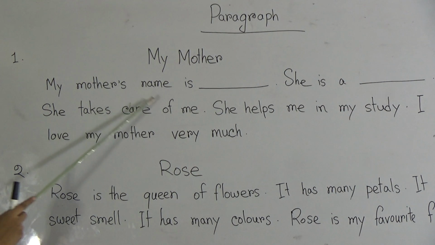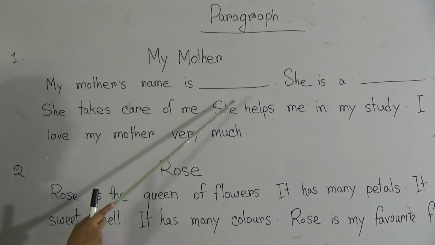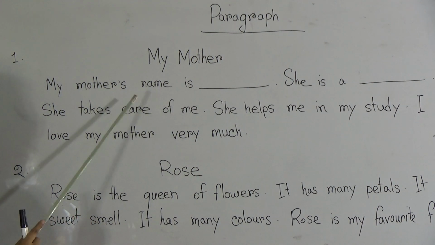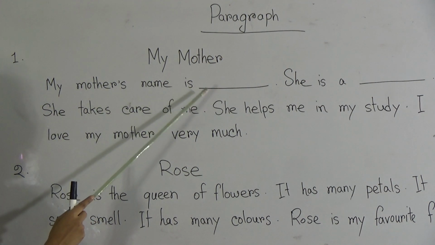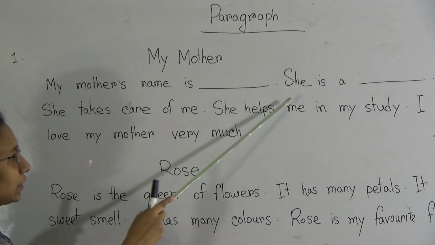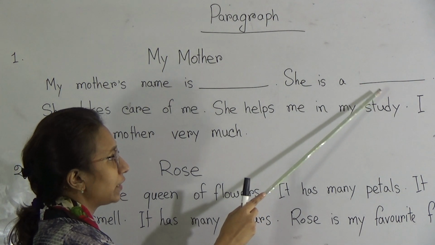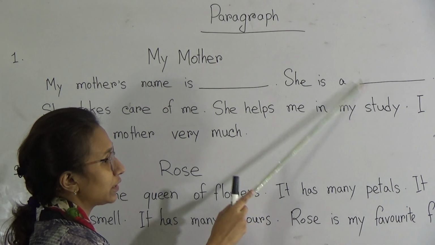My mother's name is dash. Here you will write your mother's name. Then she is a dash. Here you have to write your mother's profession. What is she?